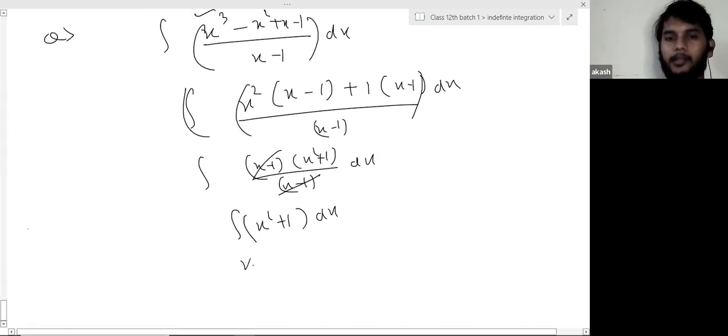So break it down. This is x cubed by 3 plus x plus c. All right. Please everyone match the answer. Syed, you wrote minus, but I think that is plus. All right.